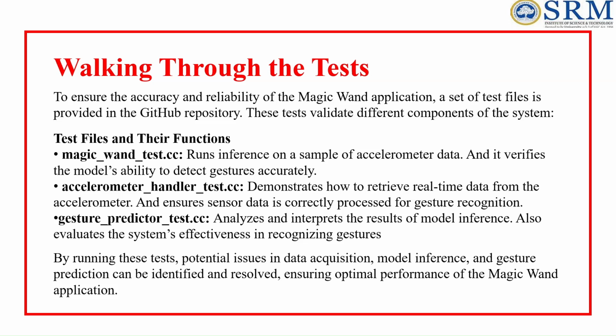Then gesture_predictor_test.cc analyzes the motion of the model's outputs and checks the effectiveness of gesture detection. By running these tests, we can identify issues early, whether in data acquisition, model inference, or gesture prediction. This ensures the wand works reliably once deployed.